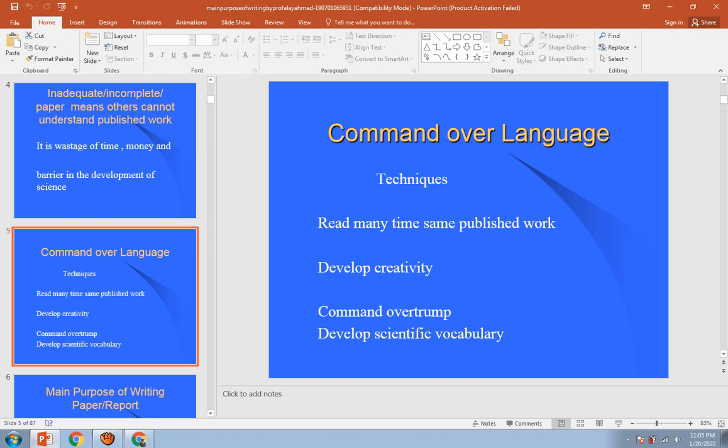So, for this instruction, read the same published paper, the same published work, many times. Remember, develop creativity, new ideas, imagination. Develop scientific vocabulary where it is necessary, not jargon, not difficult words.